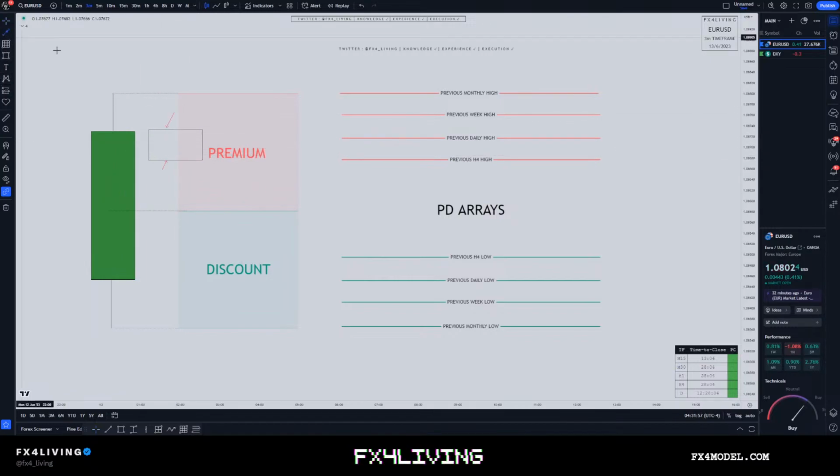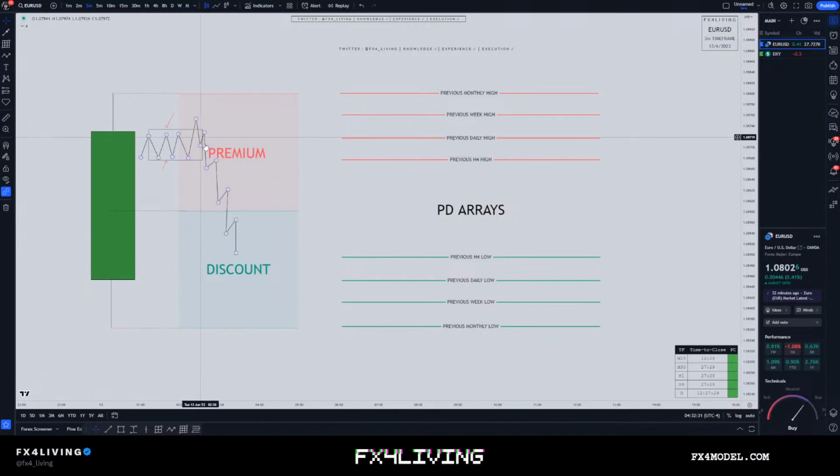Say this is the next day. Price ranging here creates your Asian range. Price grabs the liquidity above the PD array from the Asian range, goes back down inside the range, and respects the high. Price goes back down into discount, and this is your trade.